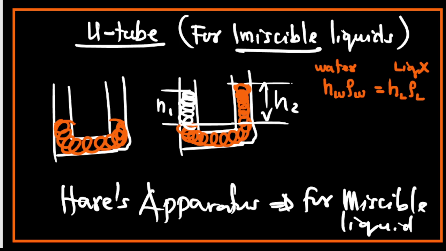From there, if we choose to make rho L over rho W, that is density of the liquid over density of water, the subject, what this will turn to is HW over HL. Please, it's not going to be HL over HW.